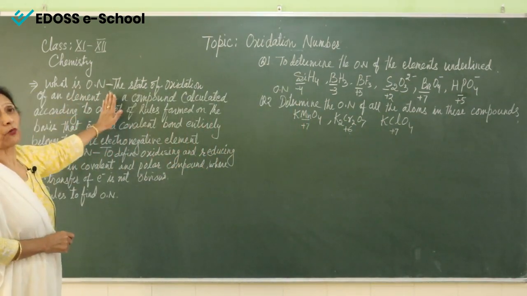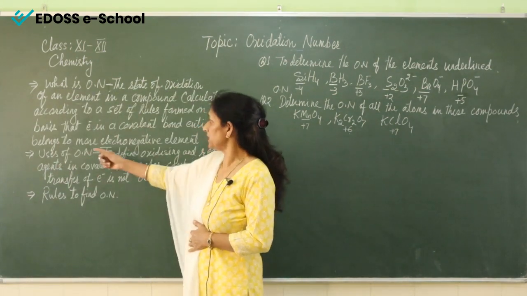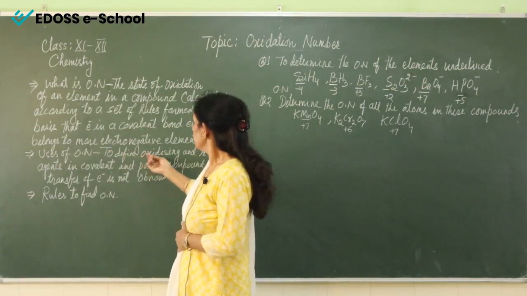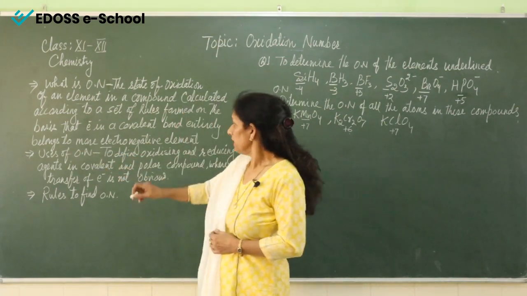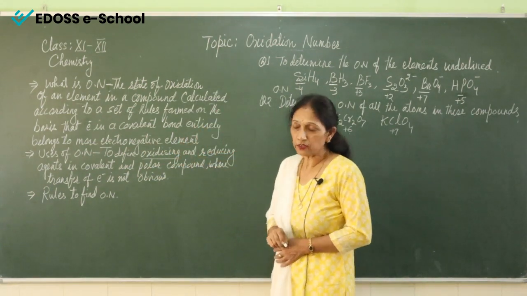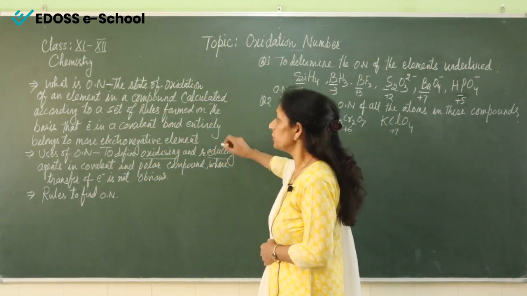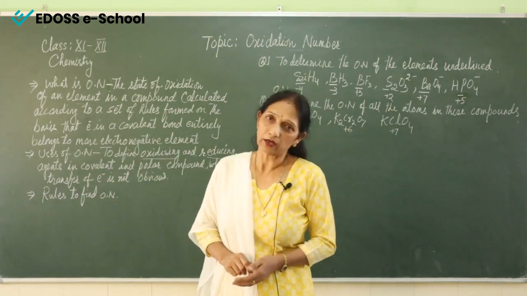And why is it important, what is the use of finding oxidation number? If we know the oxidation number of any element, then it defines whether that element is an oxidizing or a reducing agent in that particular covalent or polar compound.